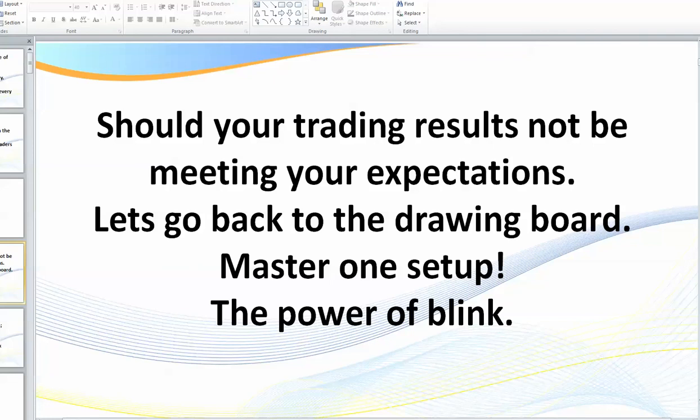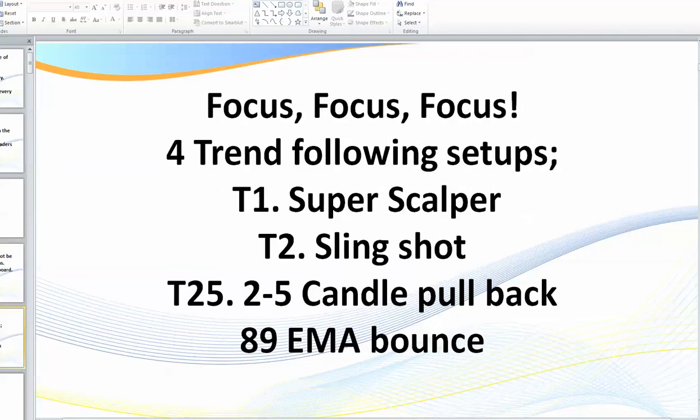Most of you have heard about the power of Blink. There's a great book out called Blink, and Malcolm Gladwell in his book talks about how you should be able to look at something and recognize it with a blink of the eye. Now what I want you to do is focus. I have the following setups: the super scalp or slingshot, the 2 to 5 candle pullbacks, and the 89 EMA bounce.